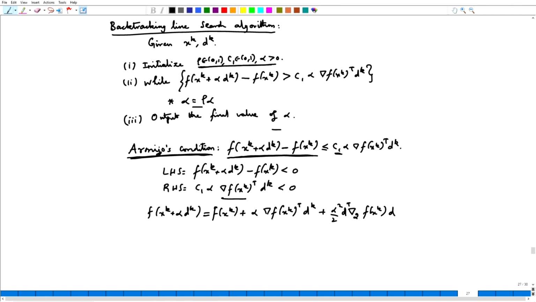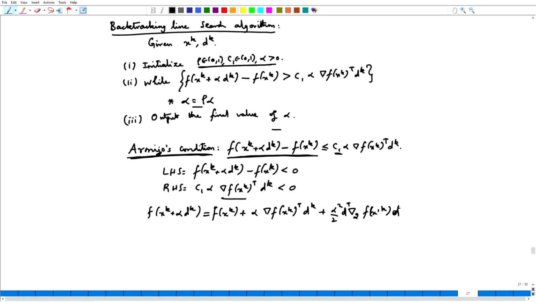I should write this as x dash k because it is not exactly x k, it is between x k and x k plus alpha d k. That is fine.